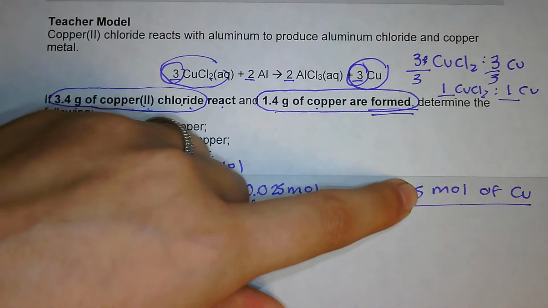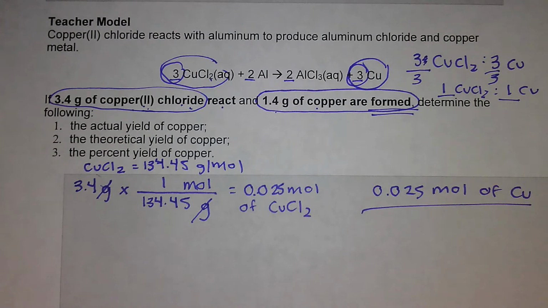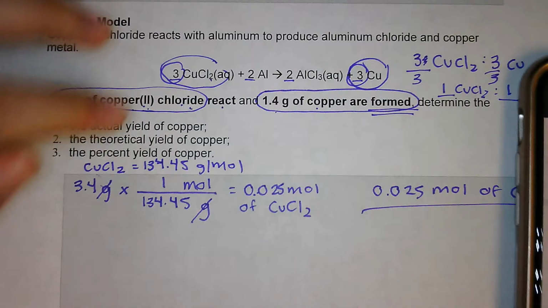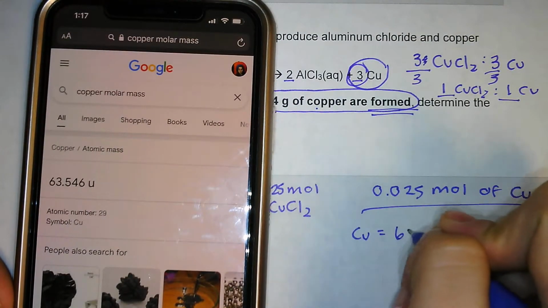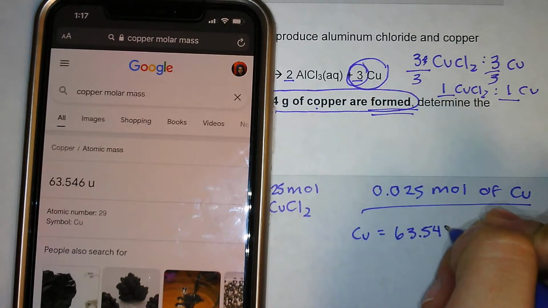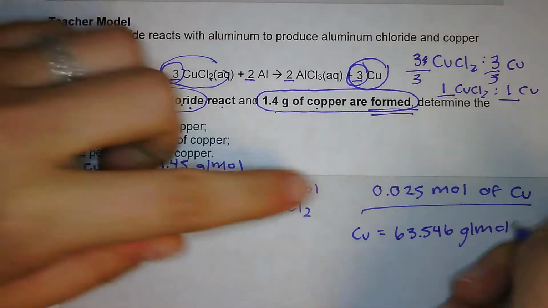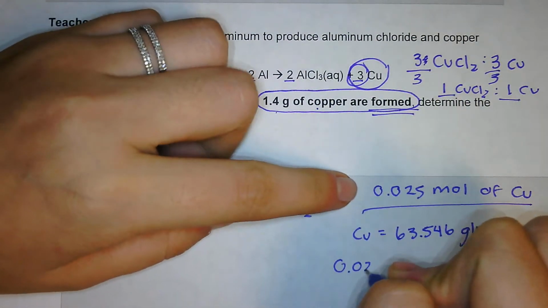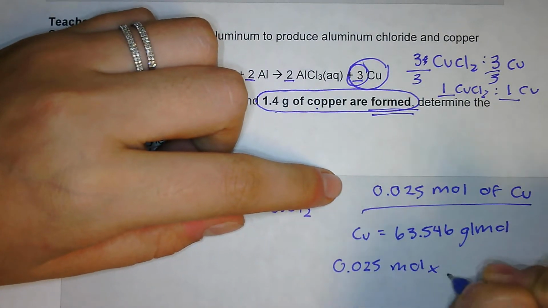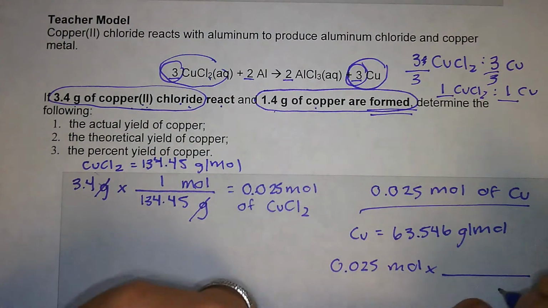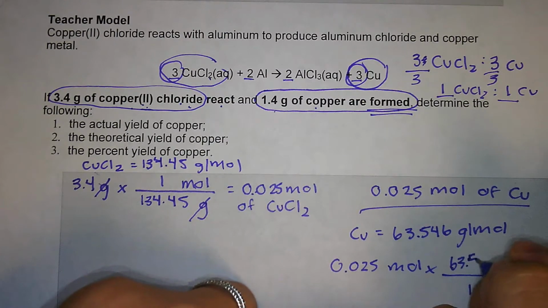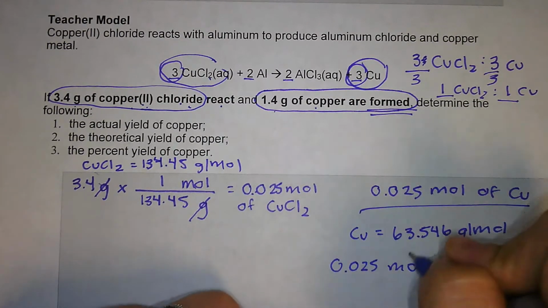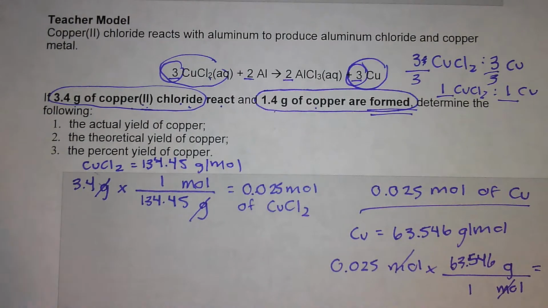All right, so moles to grams of copper. I can quickly look up copper molar mass on my phone. You should do it on the periodic table since it's the only thing that you can use. And I know that Cu has a molar mass of 63.546 grams per mole. If I start with 0.025 moles, I need to multiply by something to get rid of moles, so I have to put moles at the bottom, grams at the top, 63.546 grams per 1 mole, cancel out my moles, and I'm left with grams.